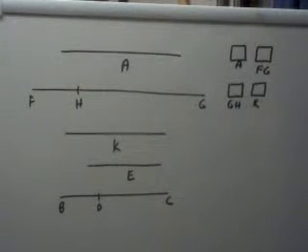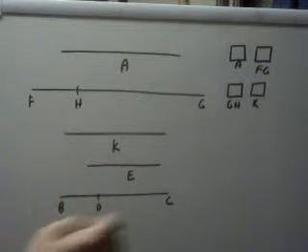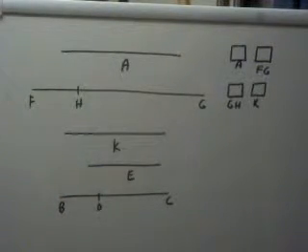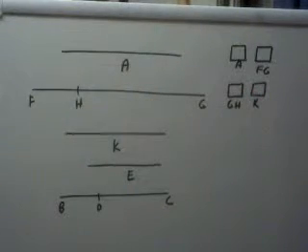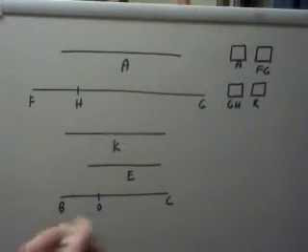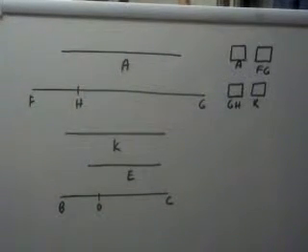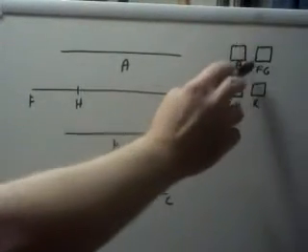For since, as E is to BC, so is A to FG, and as BC is to CD, so is the square on FG to the square on HG.